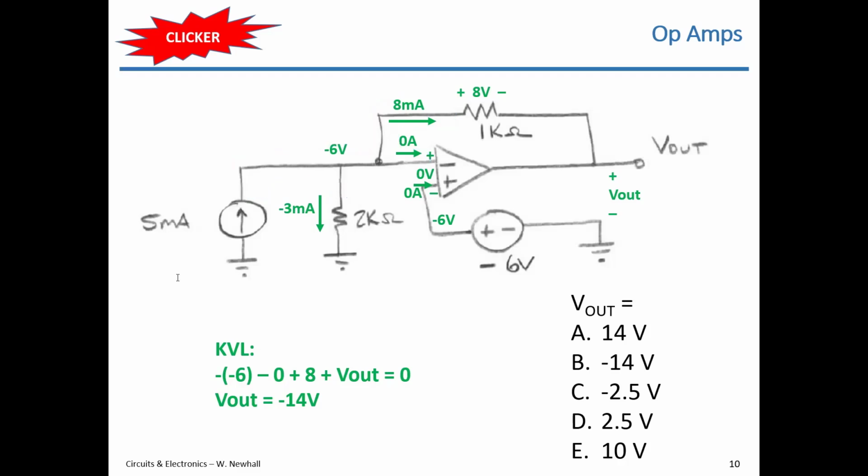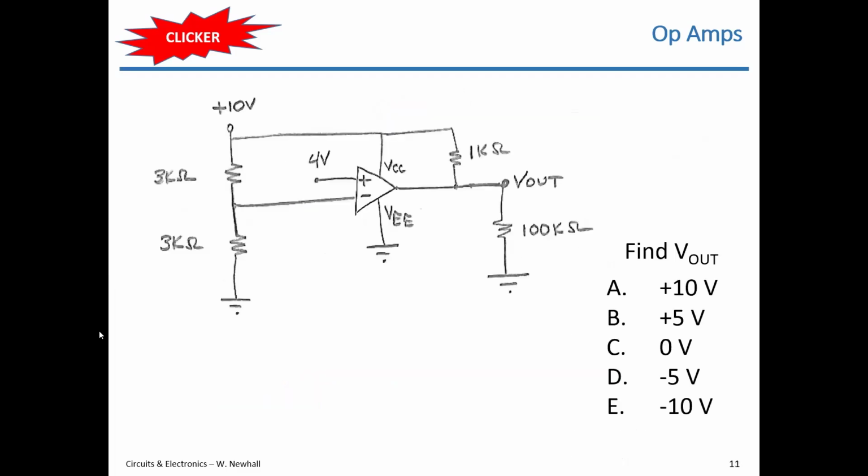Okay. Let's try this one. I'll give you a hint on this. We're trying to find V out. If you look at this op-amp circuit, ask yourself, does it have negative feedback?